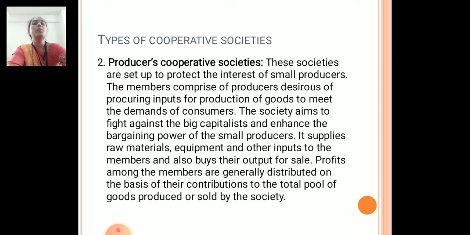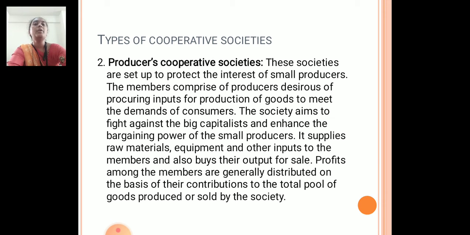But these small producers have less bargaining power. They suffer from many problems. So to solve such problems, this cooperative society is formed. The members comprise producers desirous of procuring inputs for production of goods to meet the demands of the consumers.